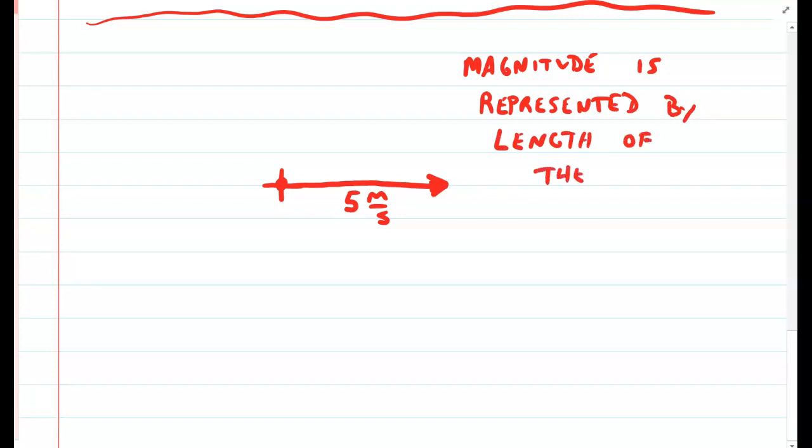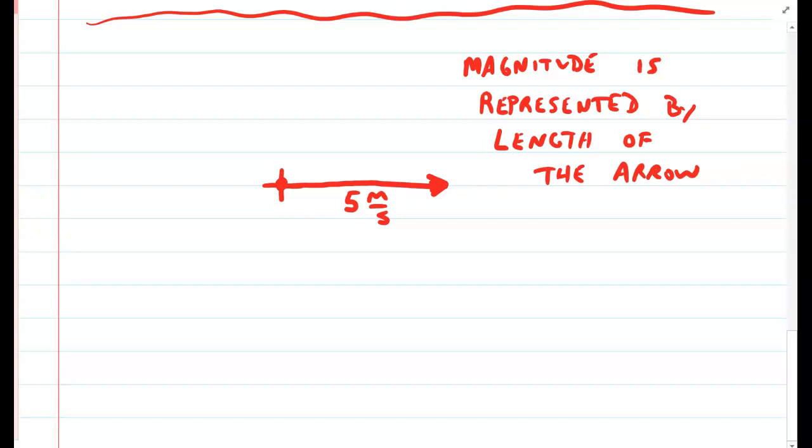So the longer the arrow, that means a bigger magnitude, and the shorter the arrow means a smaller magnitude. And what shows us the direction? Well, the way the arrow is pointing tells us the direction. So the direction of the arrow tells us direction, and the length of the arrow tells us the magnitude.